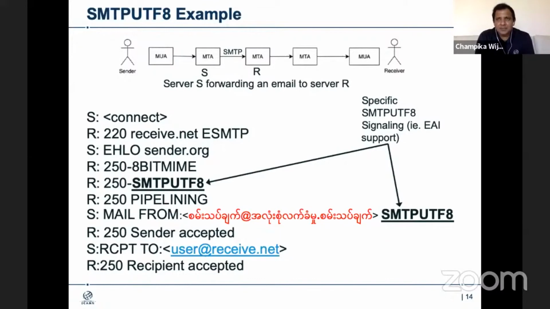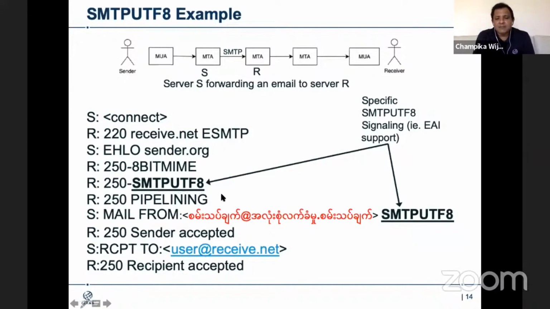For example, if it can support attachments, it will say it can support 8-bit MIME. Similarly, if it can also support the internationalized email addresses that we discussed earlier, like in Myanmar script, it should send this signaling flag, SMTP UTF-8. So this is very important.